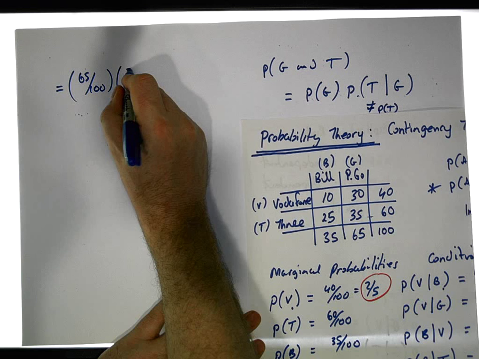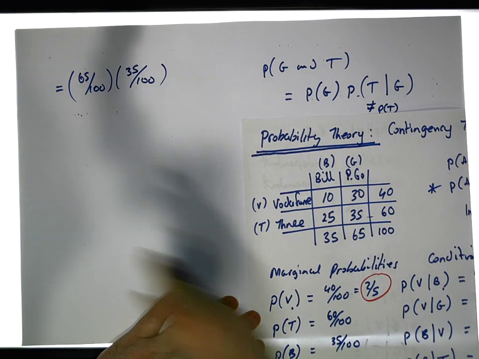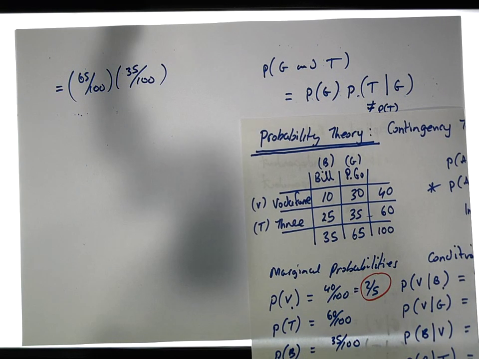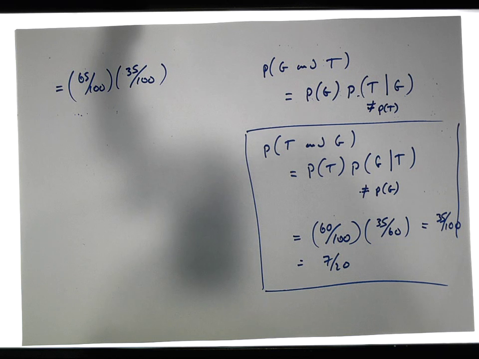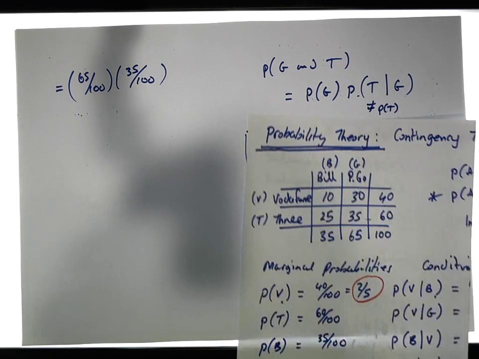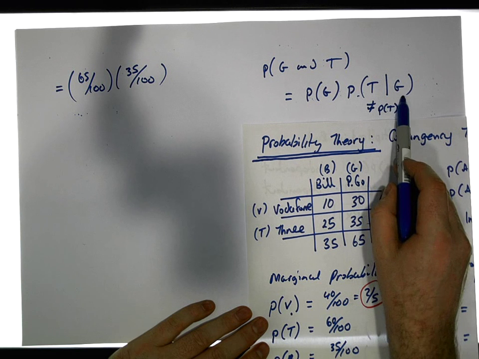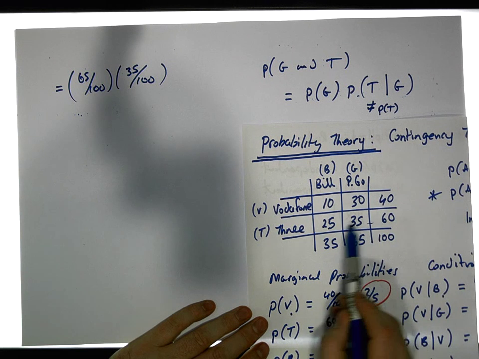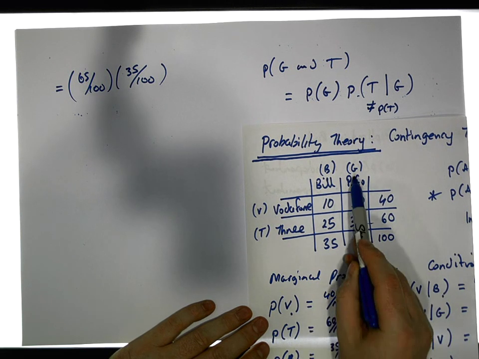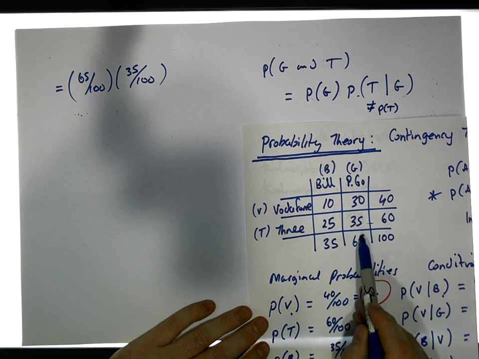So that's times 35 out of 100, which gives us the probability that they're a 3 customer, knowing that they're a go customer. So we know they're a go customer, so they're down here. The chances that they're 3 is 35 out of 65.